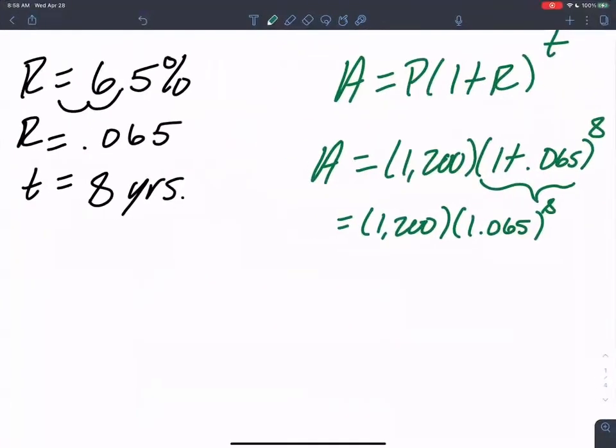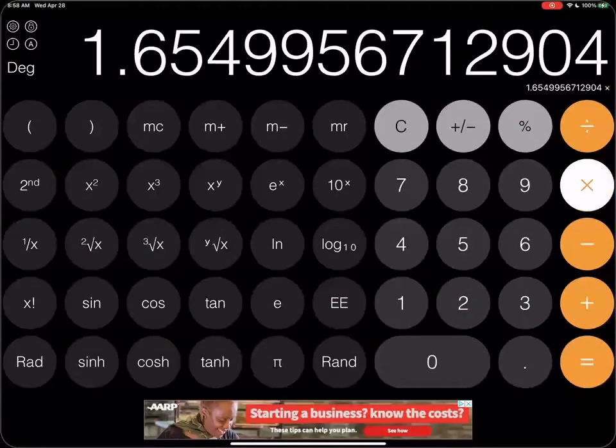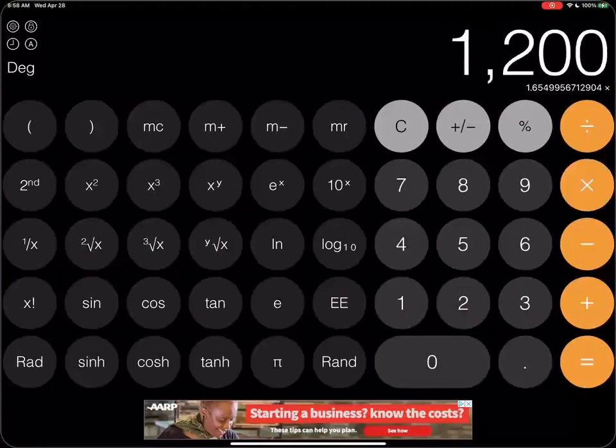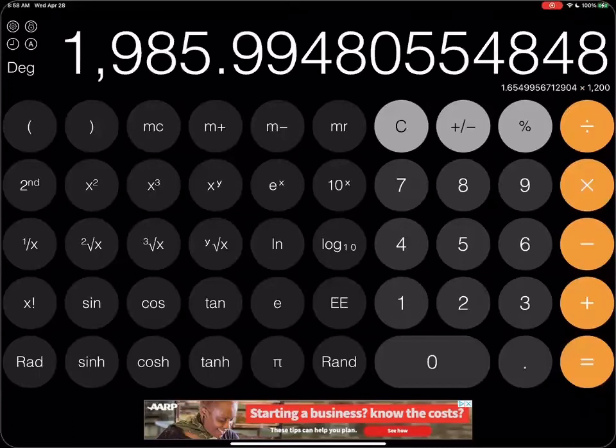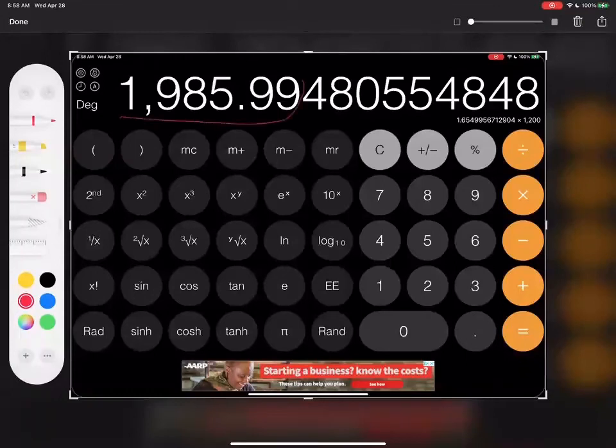Then you multiply it by 1,200. So just hit multiply 1,200. And here's the number we're looking for. Something like that, if you round it up, not a big deal. 1986.